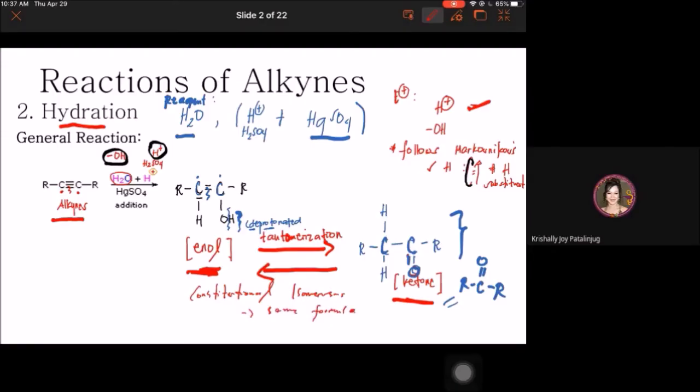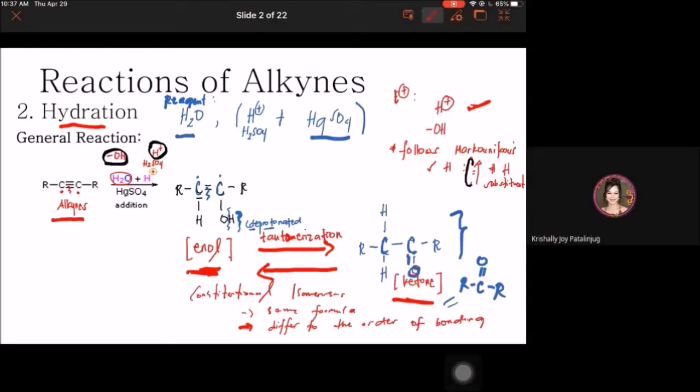Particularly, they differ due to the order of bonding. Again, constitutional isomerism: the same formula but different structure.